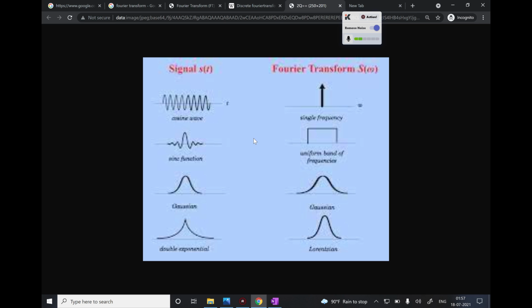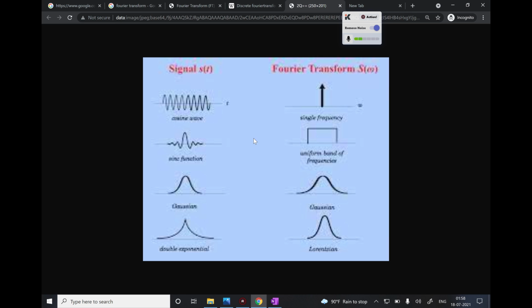On the left hand side we have a cosine harmonic wave function, which is a function of time, and on the right hand side we have only one data point, an arrow pointing upwards, which is a function of omega. Since the harmonic function on the left hand side has only one frequency component, after doing the Fourier transformation we get only one data point.